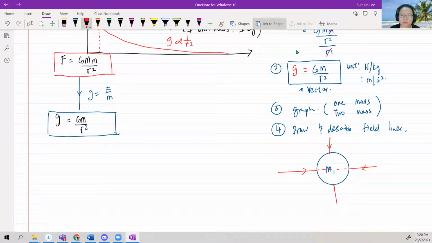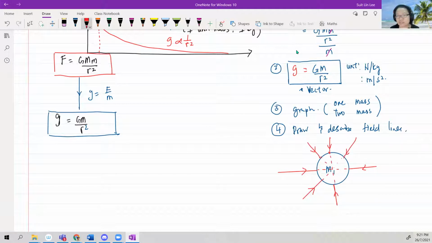When you go to a new building, you see arrows: toilet here, canteen there, library here. It's an arrow for the lost mass. So these are all showing us the direction of gravitational force.